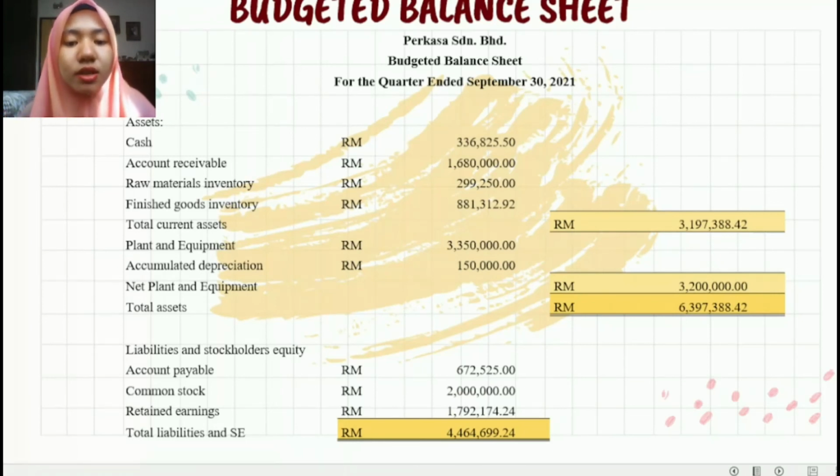That's why we get the retained earnings, which is 1,792,174.24 ringgit. Then we add up these values to get the total liabilities and stockholders' equity, which is 4,464,699.24.